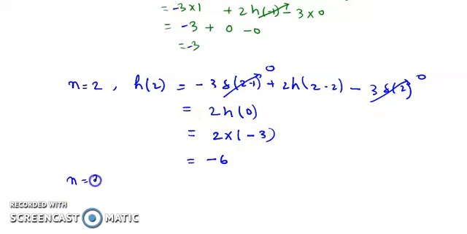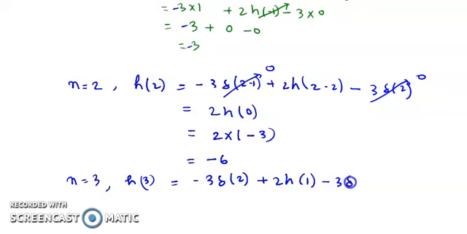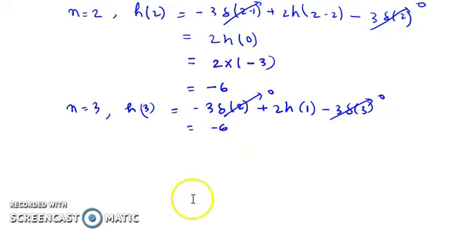Next, for n = 3, h[3] is equal to -3 delta[3-1], meaning delta[2], plus 2 h[3-2], meaning h[1], minus 3 delta[3]. The delta terms are 0, so you have 2 h[1], and h[1] was -3, so it is also -6.